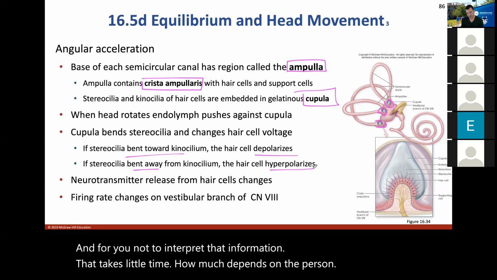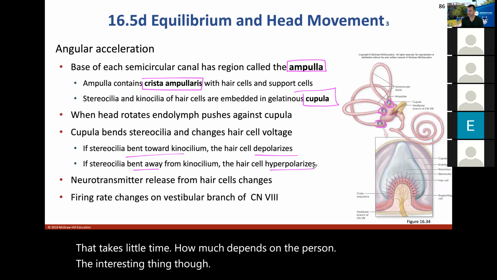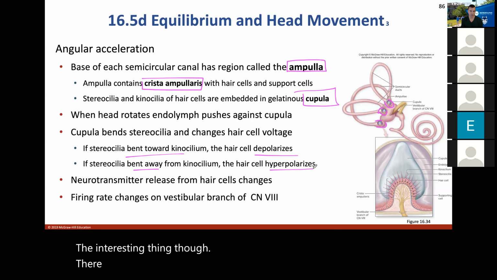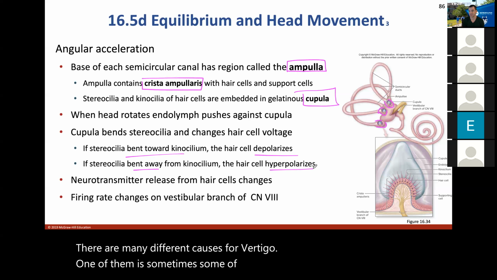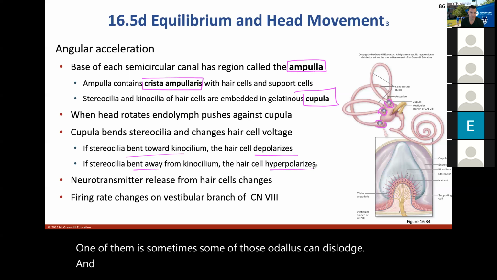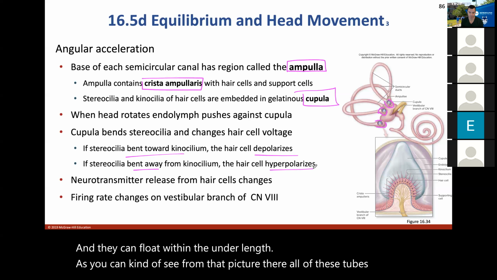The interesting thing, though, there are many different causes for vertigo. One of them is sometimes some of those otoliths can dislodge, and they can float within the endolymph. Well, as you can kind of see from that picture there, all of these tubes are connected, okay?